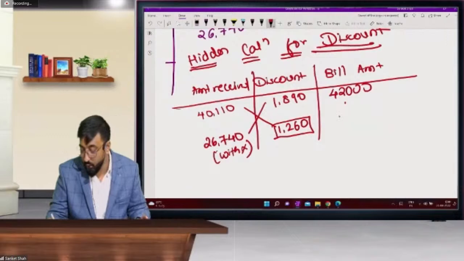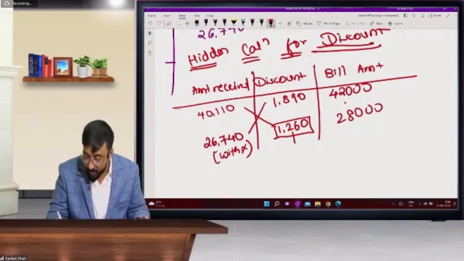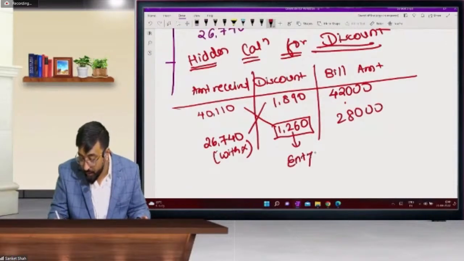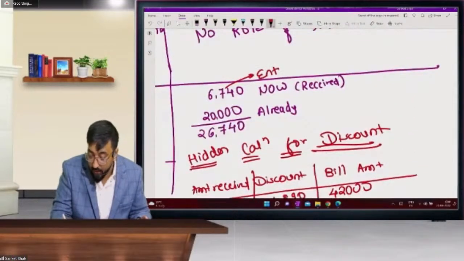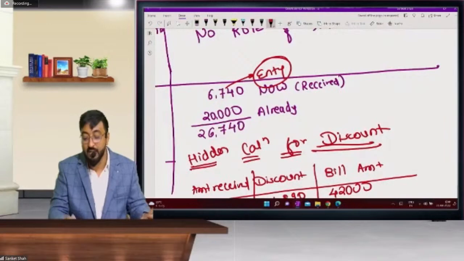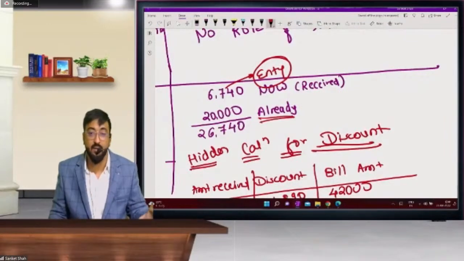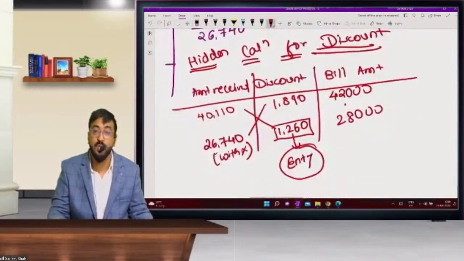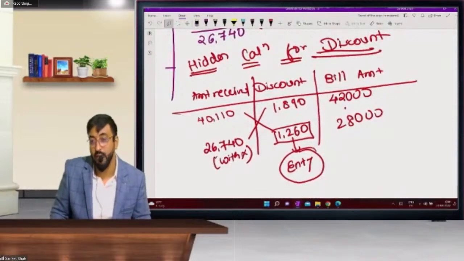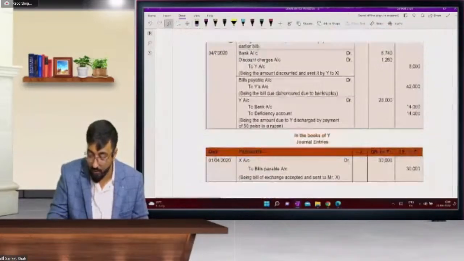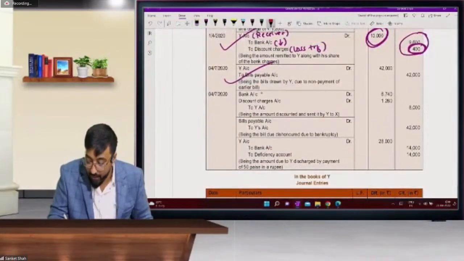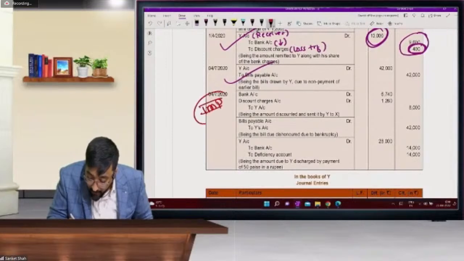So your total is 28,000. तो इसकी एंट्री होगी और इसकी एंट्री होगी. 20,000 की एंट्री ऑलरेडी पास्ट है. सो 6740 और डिस्काउंट की एंट्री होगी. सो व्हाट इज द एंट्री? कैश अकाउंट डेबिट और बैंक अकाउंट डेबिट 6740. You can see bank account debit. This is important entry.